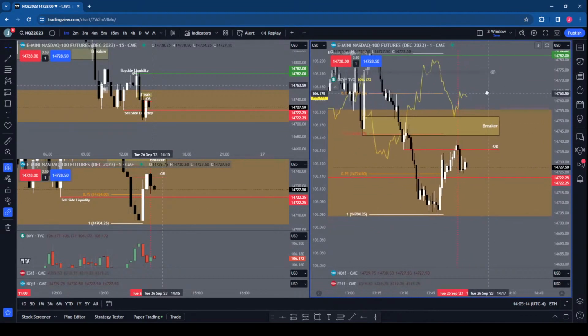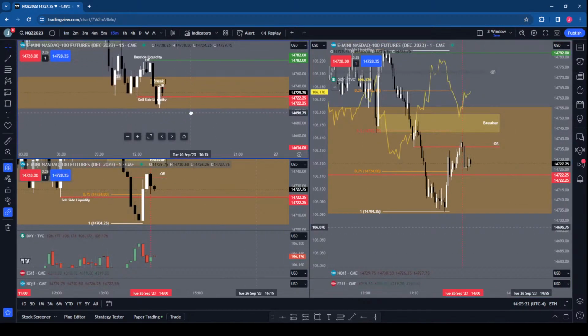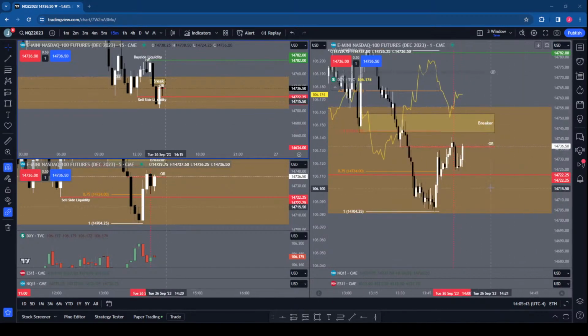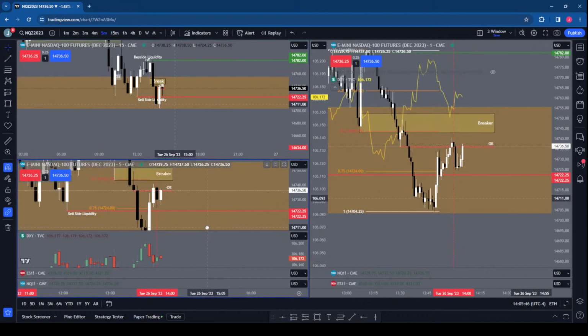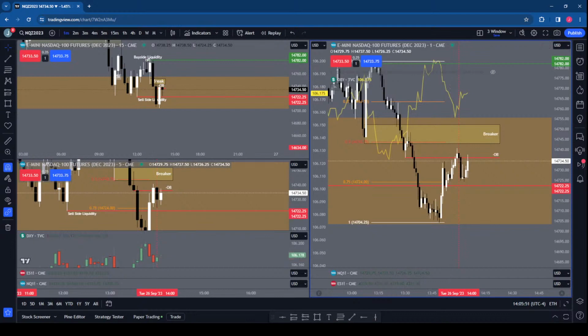I want to get a little more certain on where this draw of liquidity is. I'm also watching the dollar.